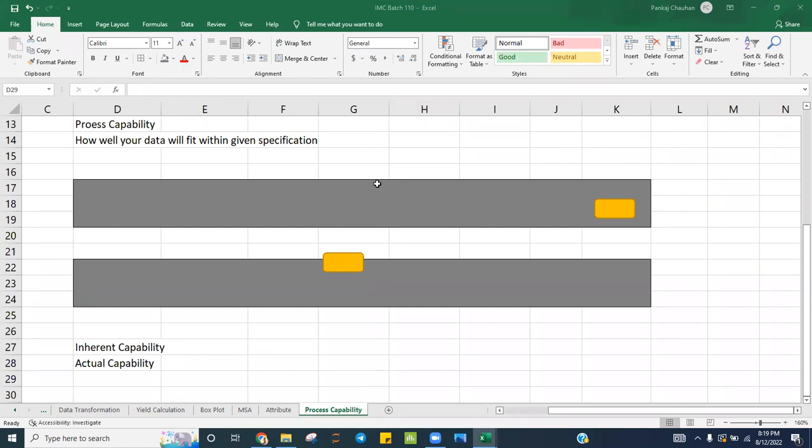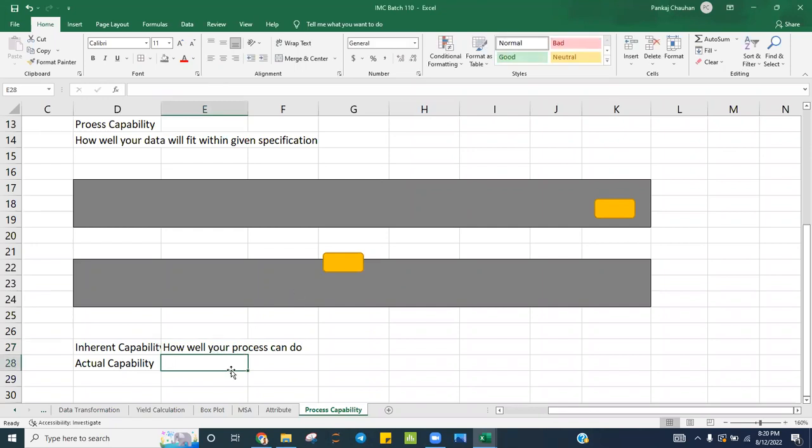So what is the inherent capability? Inherent capability means how well your process can do within the specification.